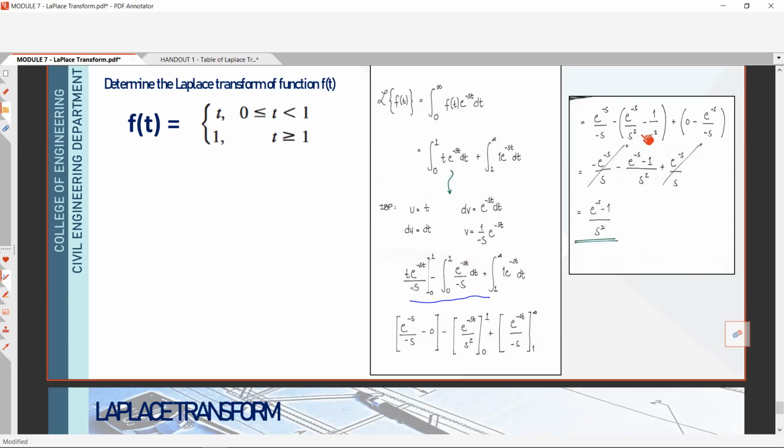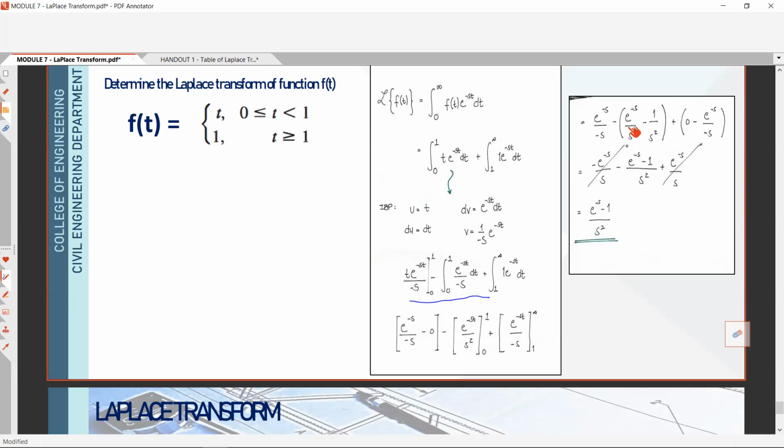The evaluation is here: copy e raised to negative s over negative s, then minus e raised to negative s, plugging in 1 for t, then plugging in 0 for t. e raised to 0 is 1. The evaluation of this is e raised to negative s over s squared minus 1 over s squared.